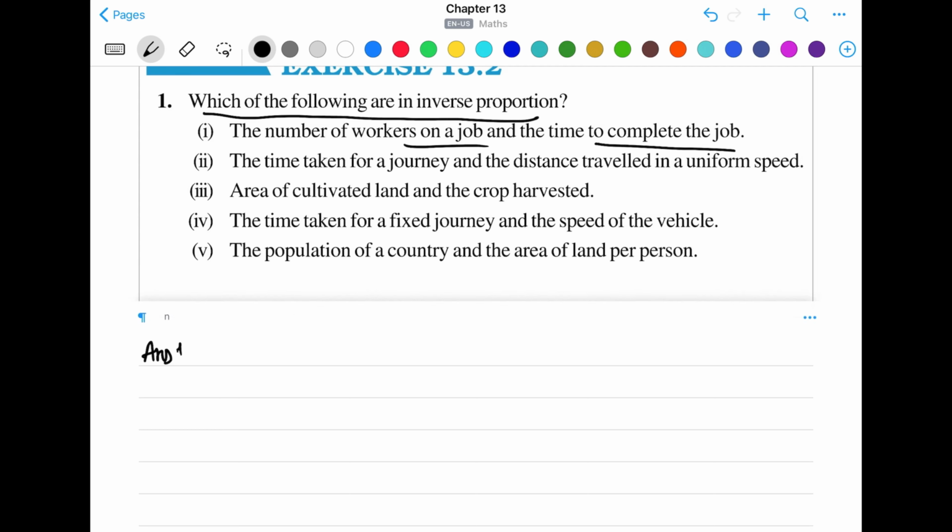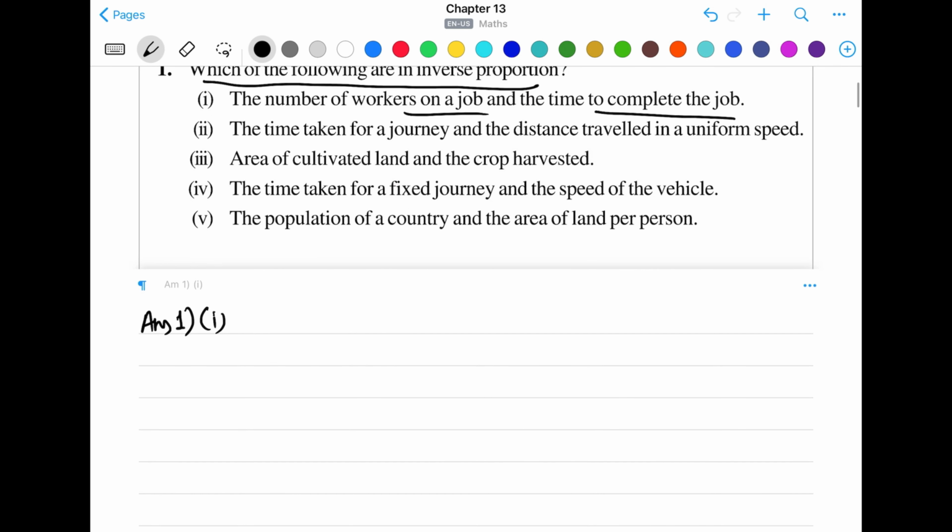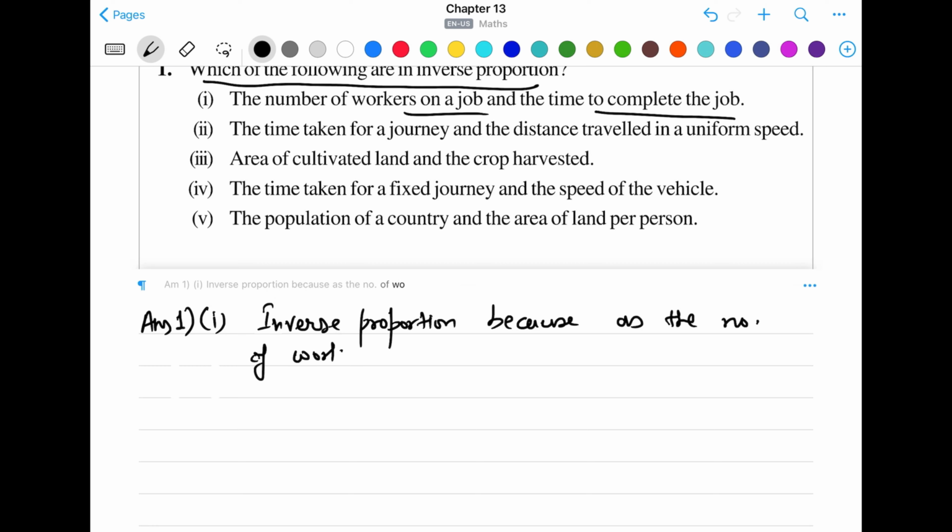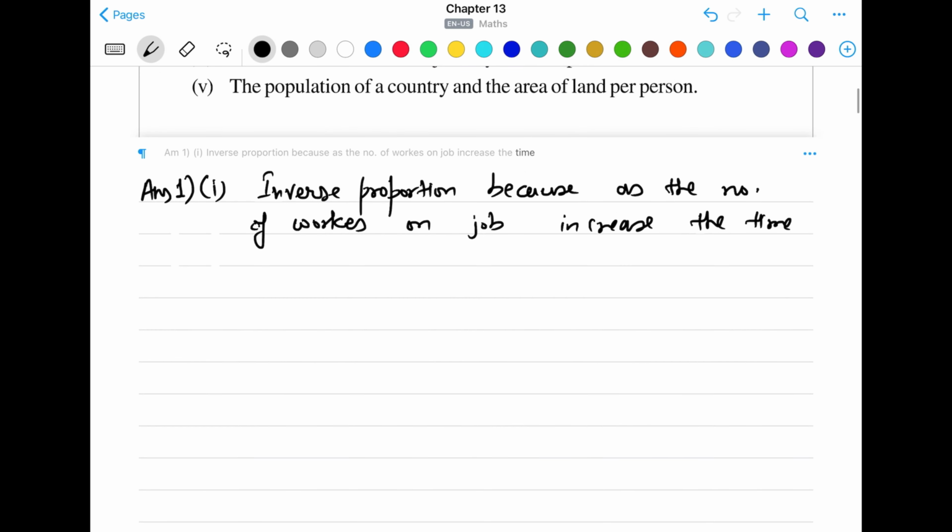So this is answer number 1, part A: this relation is inverse proportion, because as the number of workers on the job increases, the time taken by them to do the job will decrease. As the number of workers increases, the time taken by them will decrease.